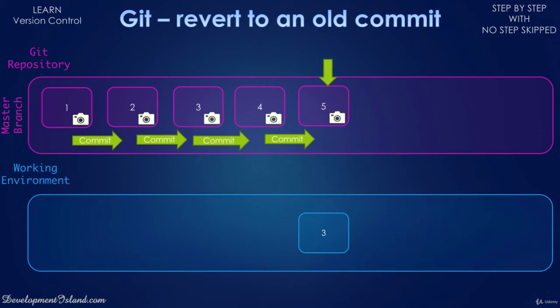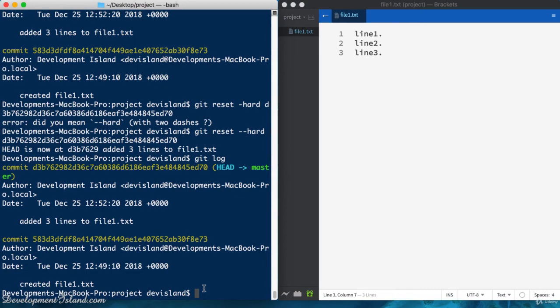So how can we do this? Well, we need to use the command git reset again, but this time instead of hard, we're going to use the option soft. Soft will make it possible to move the head to another commit, which is the latest commit, without changing the content of our working environment.